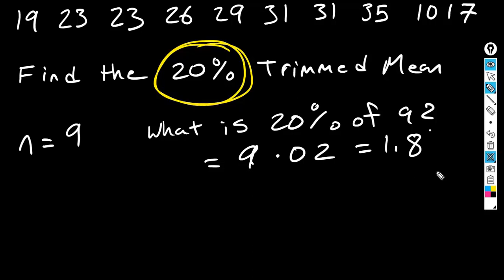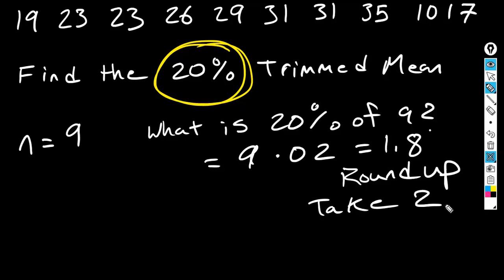We cannot take 1.8 values off out of these numbers. We can't take 80% of a number. So we are going to round up. We will always round up, and we need to take 2 values.